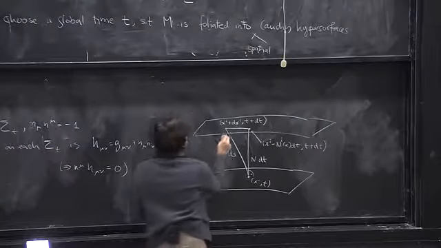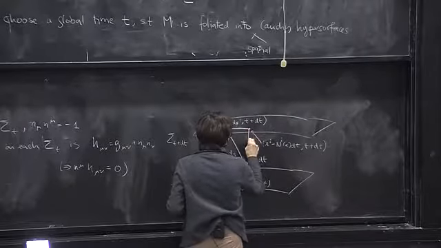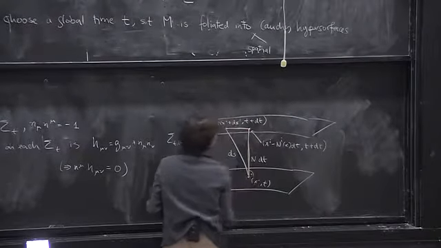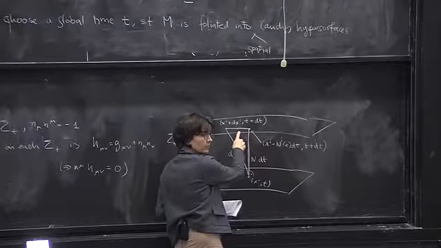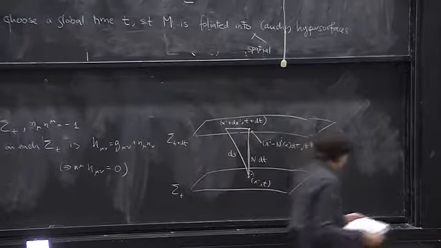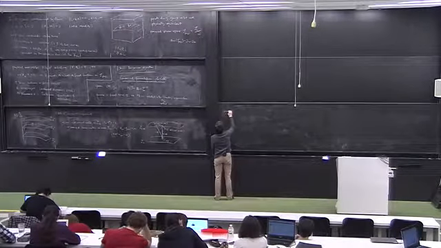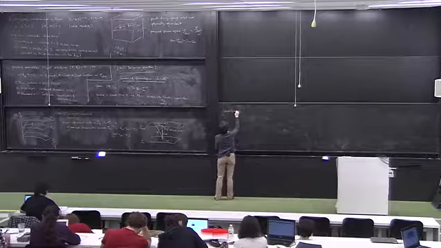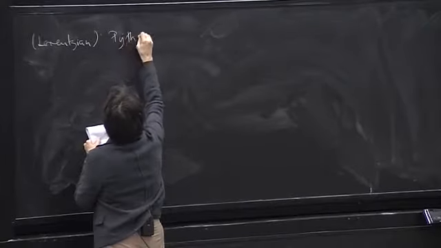So this is kind of my triangle, if you like. And there's a right angle up here. Right. Now, what is the suitable form? What is the Lorentzian version of Pythagoras' theorem?